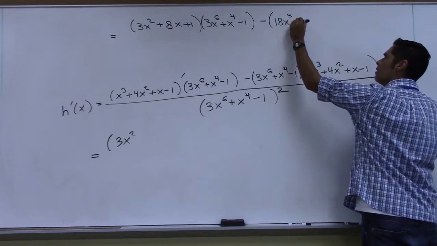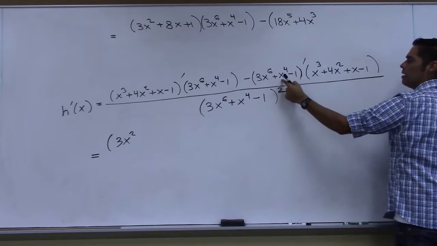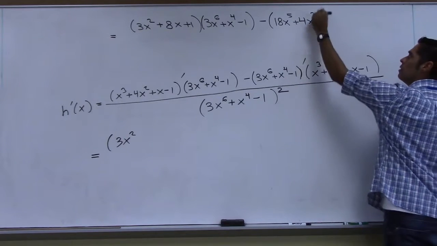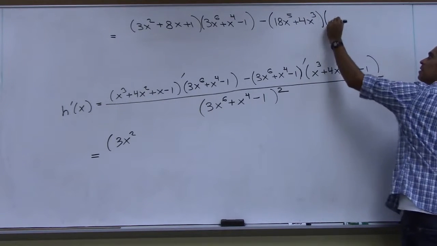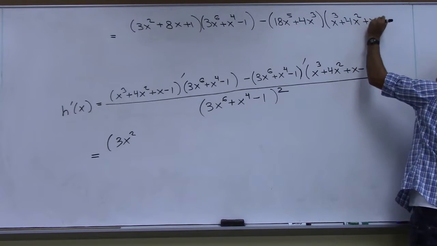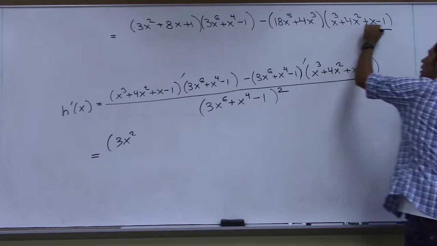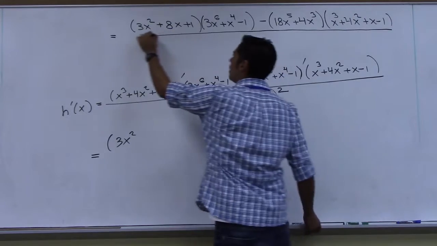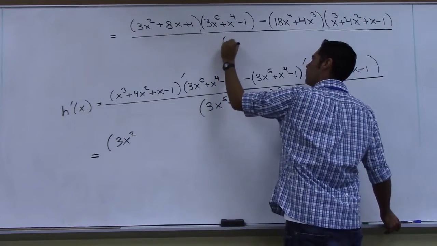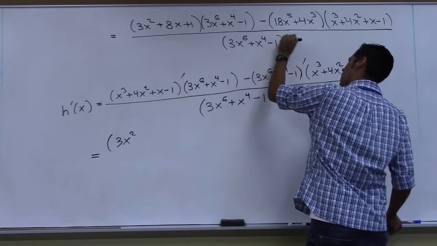Plus 3x to the 3rd. 4x to the 3rd, sorry. No, that's all right. And then derivative of this is 0. Then times the next one. All over the bottom squared. Done.